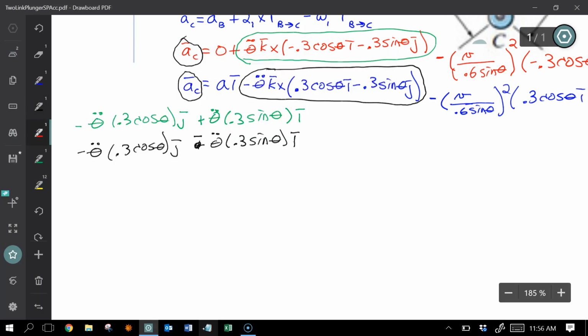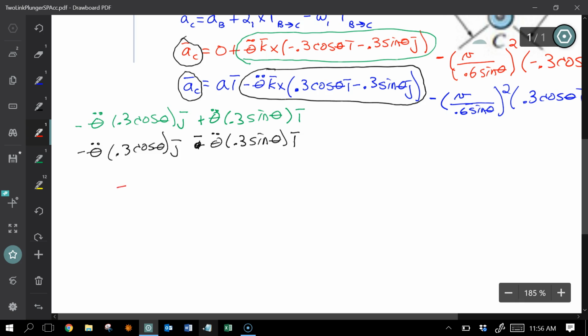That is a negative. The cross product would be theta double dot 0.3 cosine theta j minus theta double dot 0.3 sine theta i. That's the cross product.